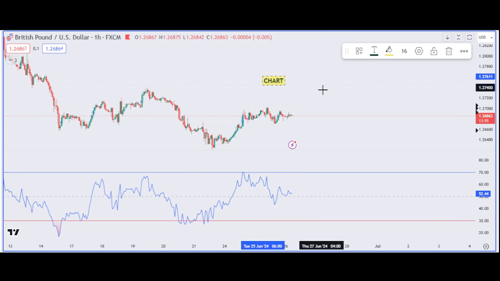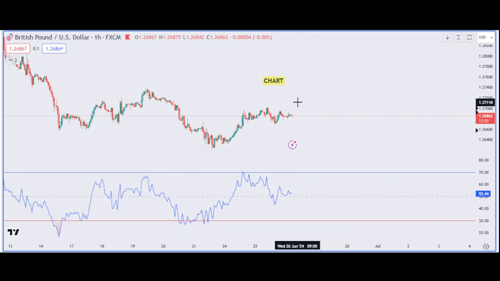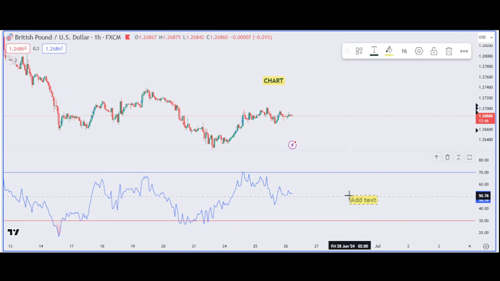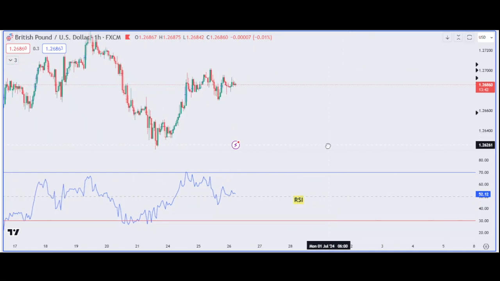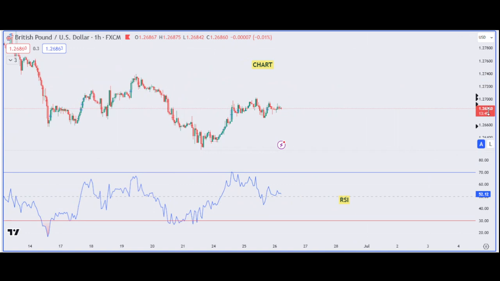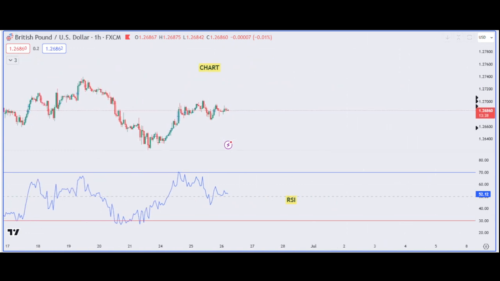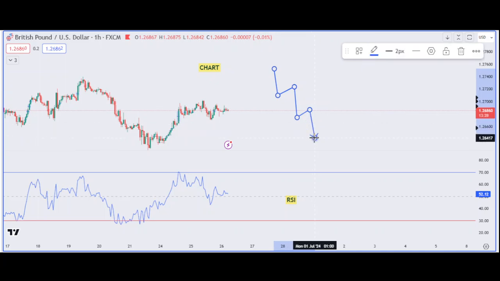Then the lower section represents our RSI, right? Remember, I explained that when you are using bullish RSI divergence, you have to make sure that the chart is giving you a bearish structure like this. You understand?